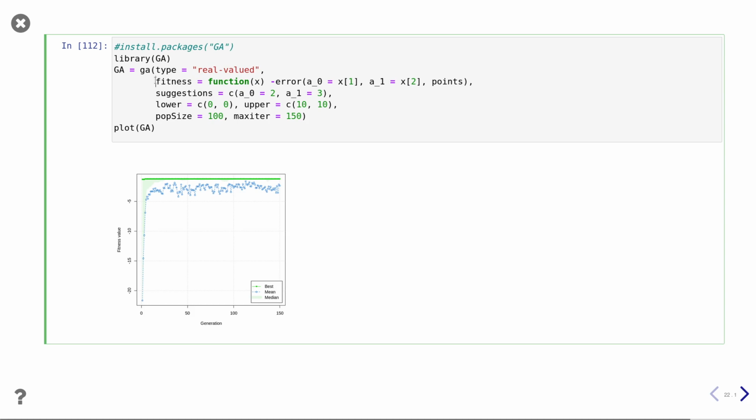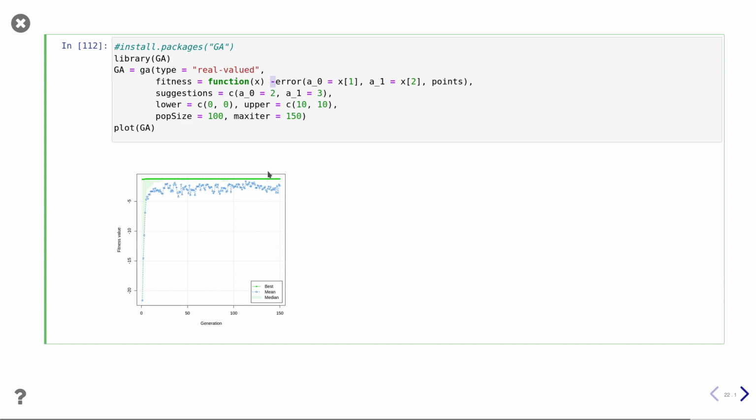Sorry, let me walk back just a second. I said first that a genetic algorithm maximizes. By default, in most genetic algorithms, all they know how to do is maximize. In our case, we want to minimize the error. So what do we do? Well, it's very simple. You see what I've done here.